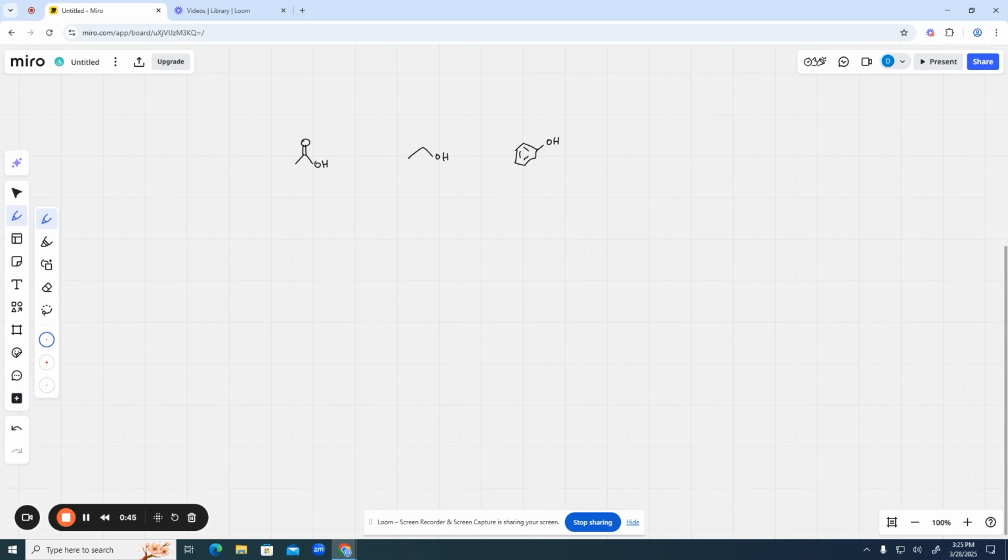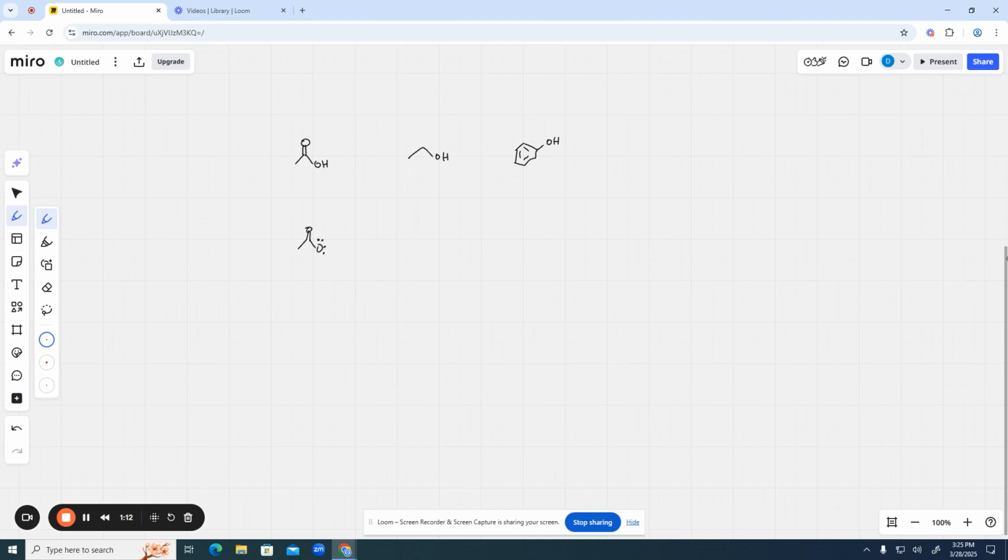So when you're ranking acidity, the first thing you want to do is draw the conjugate base of whatever compound you're dealing with. If you're familiar with the definitions of conjugate bases and conjugate acids, the conjugate base of these three acids is going to be the same, we're just taking away a proton. So this is going to look like this.